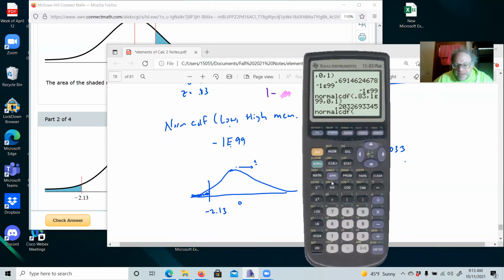We need the lower number here. So pick a small number relative to negative 2.13. What if I pick negative 1 EE to the 99 up to negative 2.13 with my mean of 0 and my standard deviation of 1.